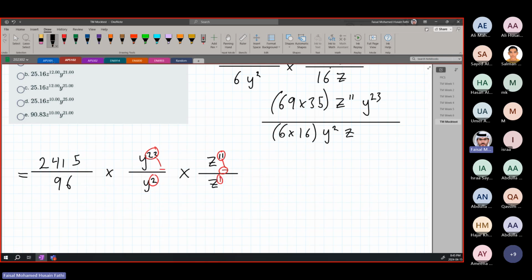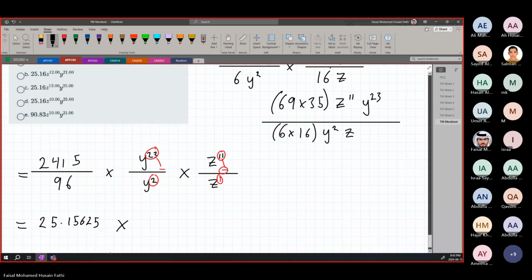Okay, let's simplify. So 2415 divided by 96 is going to give me 25.15625, times y to the power of 23 minus 2 times z to the power of 11 minus 1.